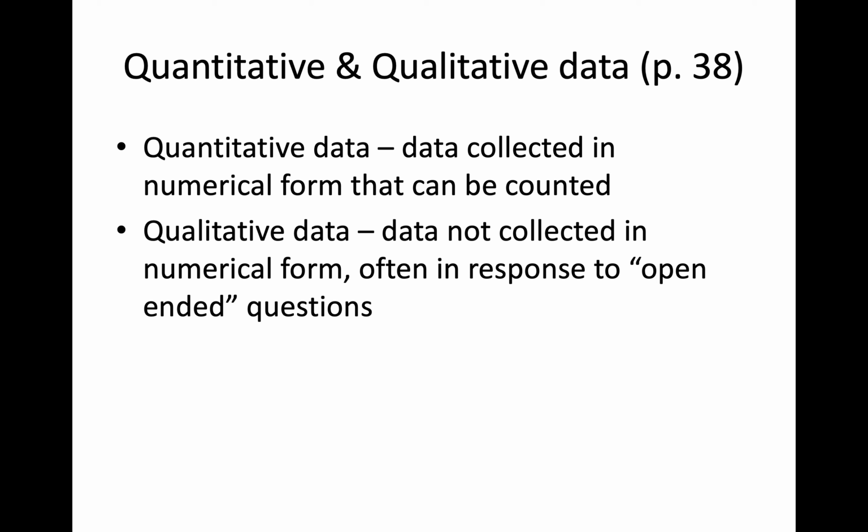You could give people fixed responses, where they have the option to say, I strongly approve, I approve, I have no feelings, I disapprove, or I strongly disapprove of the president's performance. That gets into quantitative. You can quantify those results pretty easily, because you can say, oh, 60% of people strongly approve, or whatever.